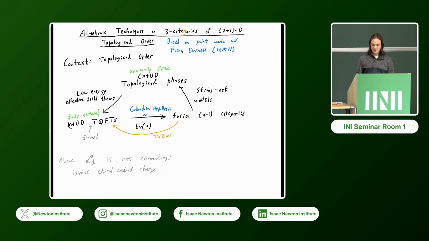Now, by the cobordism hypothesis, due to Lurie and others, fully extended n+1D TQFTs are fully determined by their value at a point, which should be a fusion, or I guess multi-fusion, n-1 category. This is this bottom arrow here. You can go back, for example, in 2+1D, and from a fusion category construct the TQFT by the Turaev-Viro-Barrett-Westbury TQFT.